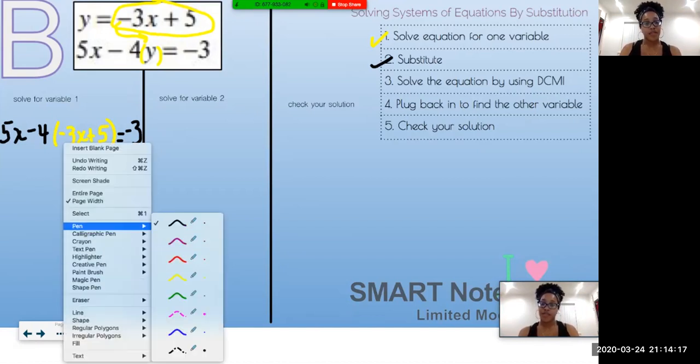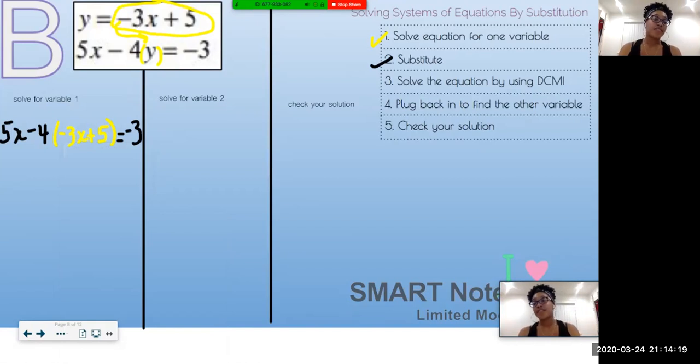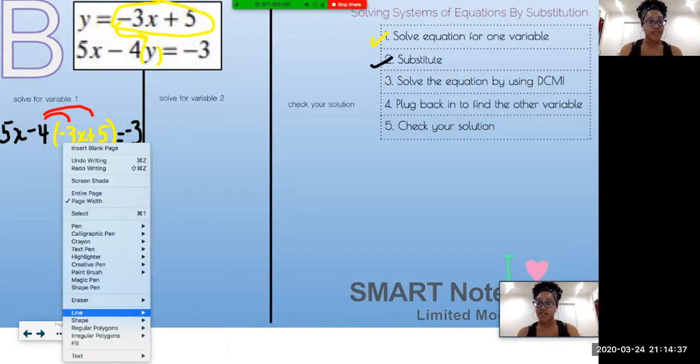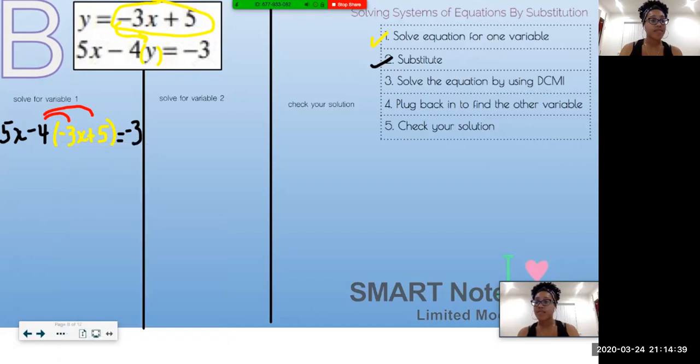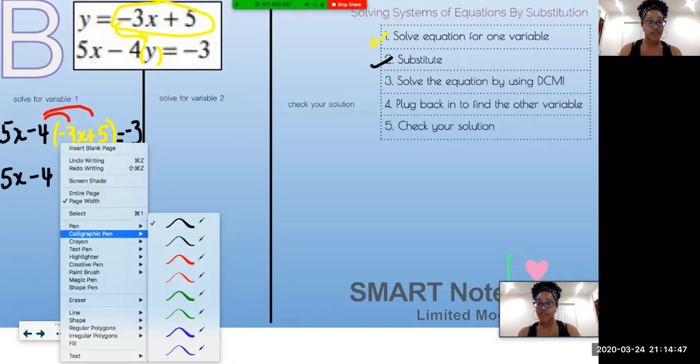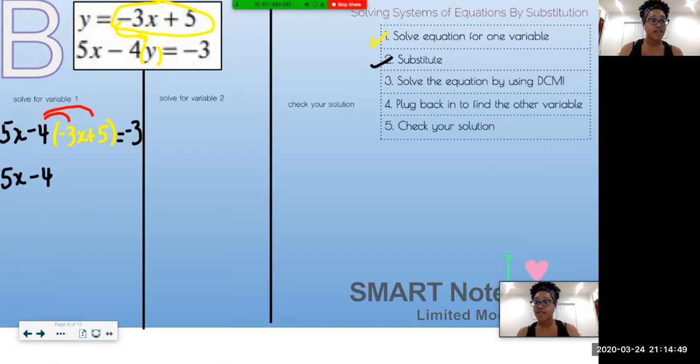So the first step, again, distribute, right? So every time we see parentheses, that's a clue for us to distribute the number outside of the parentheses with the terms in the parentheses. And distribute is just multiplying. Parentheses, multiplication. All right, so again, let me put things that came with the problem in black. 5x minus 4. The distribution, I'm gonna write in red, right? So what's negative 4 times negative 3x?